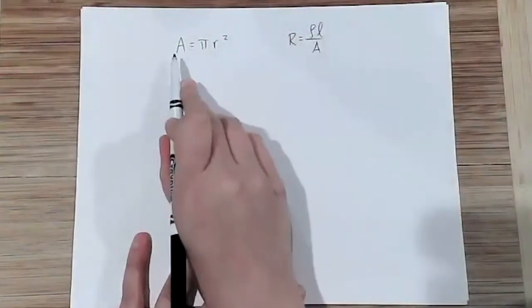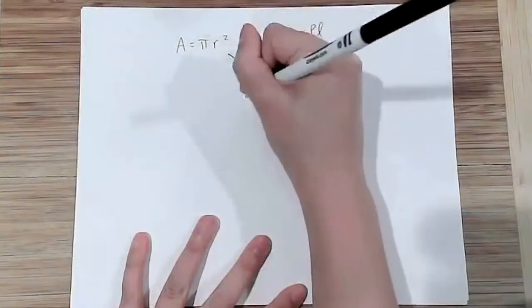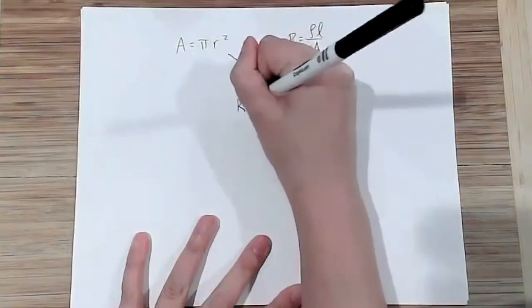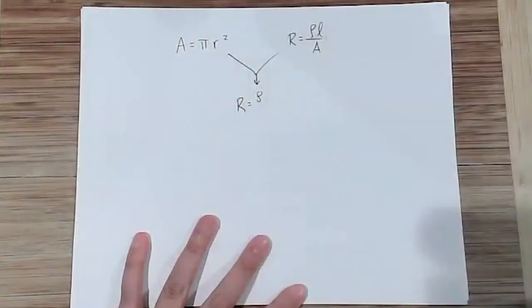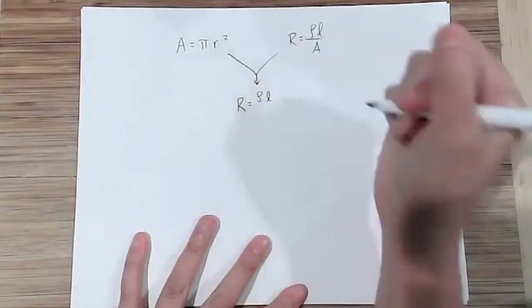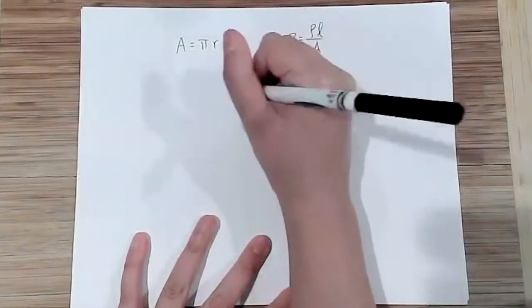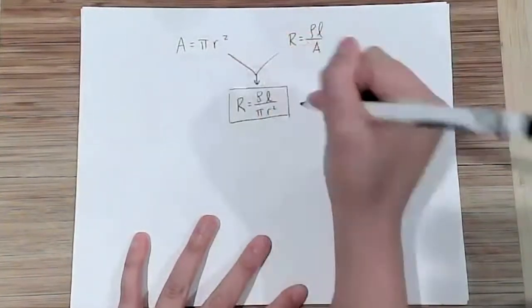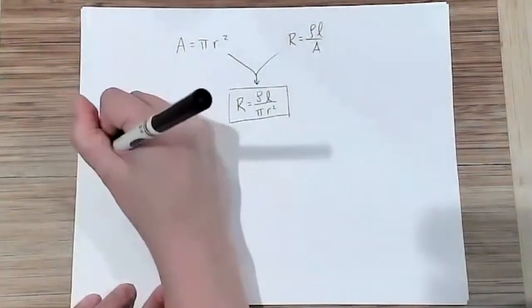By substituting A into the resistance equation, my new equation says that the resistance of a wire depends on the material it's made of, that's rho, L, that's its length, over pi r squared, assuming we know the radius of the wire. Now let's do an example with this one.